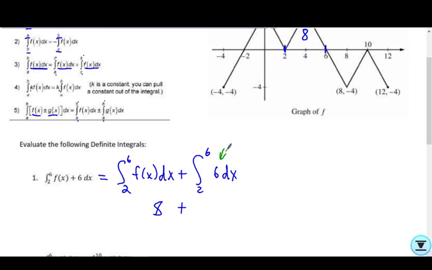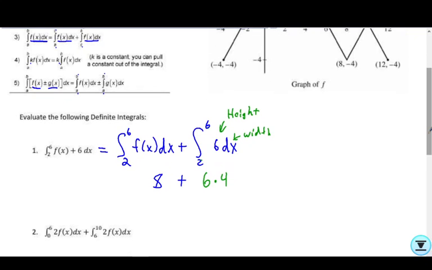Basically, this is the height times the width, or the change in x. My change in x is from 2 to 6, so this is 6 times 4, because my height is constant. If we graph that, that's a constant function, so this is the area of a rectangle. So this is just 8 plus 24, which is 32.